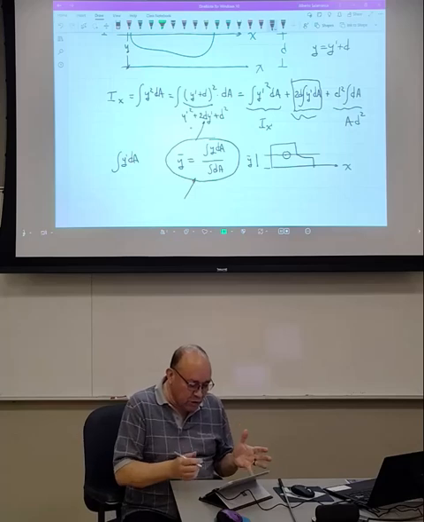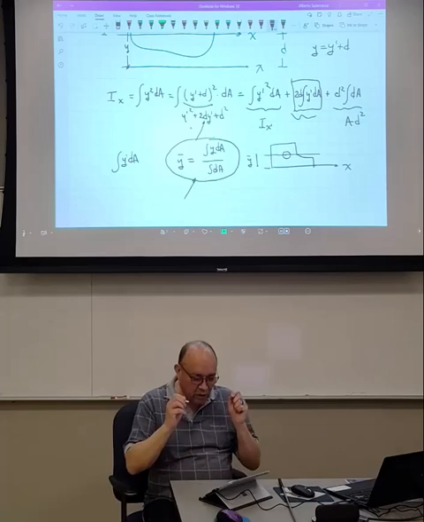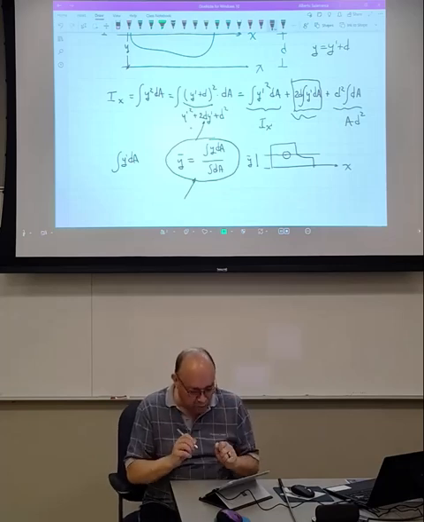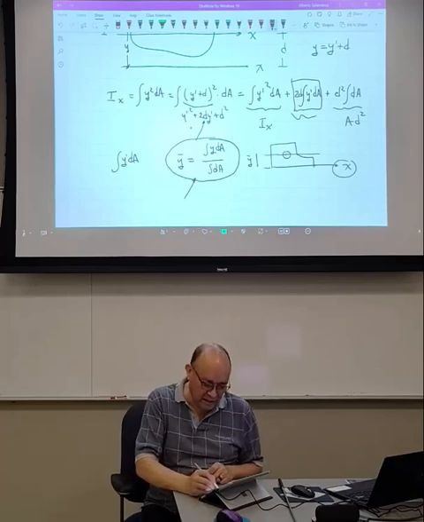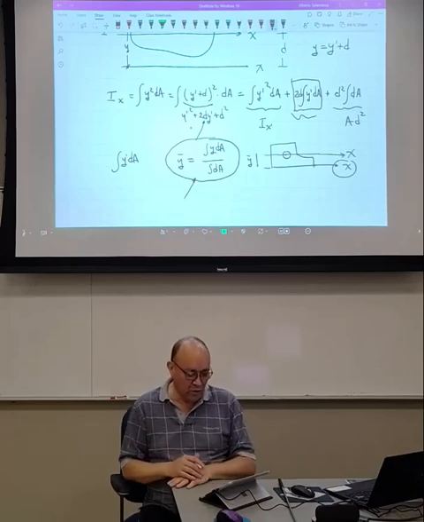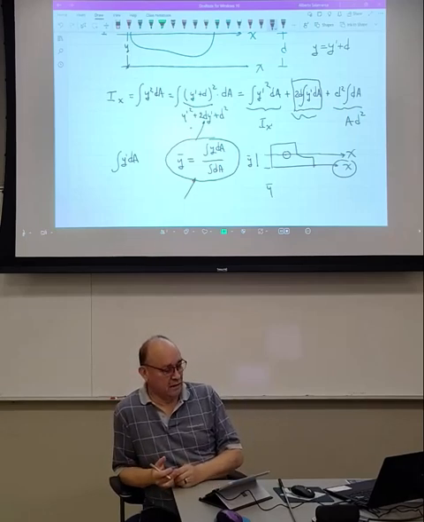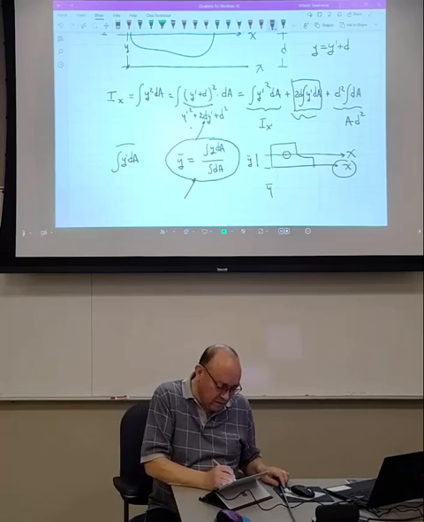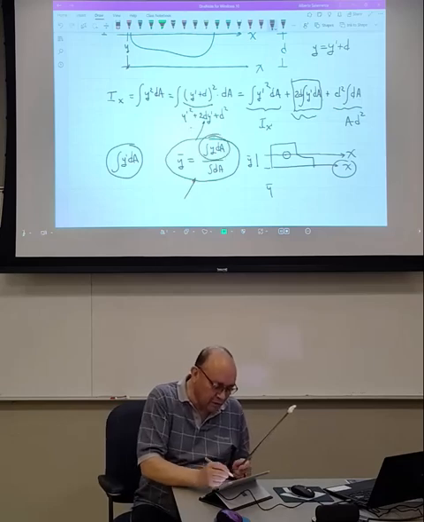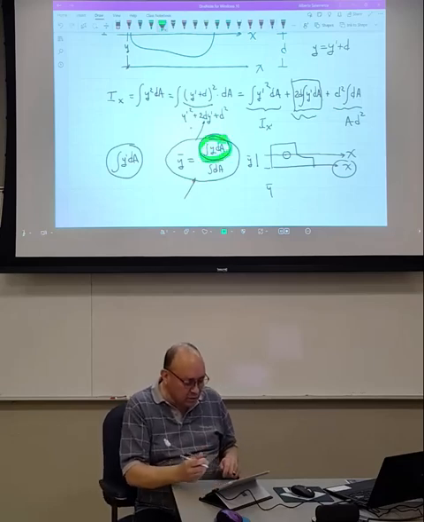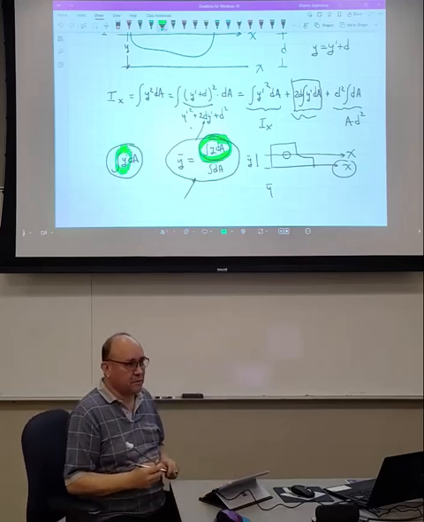What happens if you calculate the distance of the centroid with respect to an axis that goes through the centroid? What do you get? If you put this axis here, what do you get for y bar? 0, right? So this is the numerator of the equation that gives you the centroid when the axis is going through the centroid.